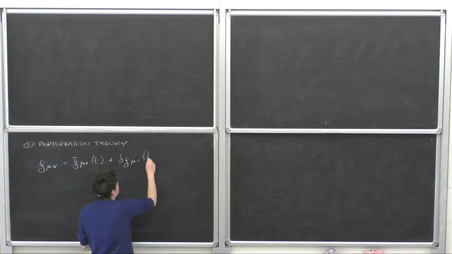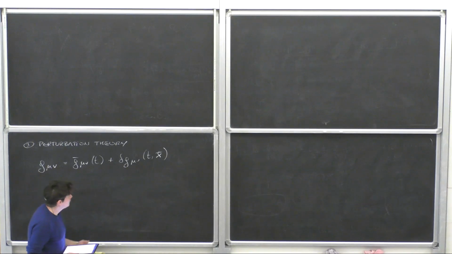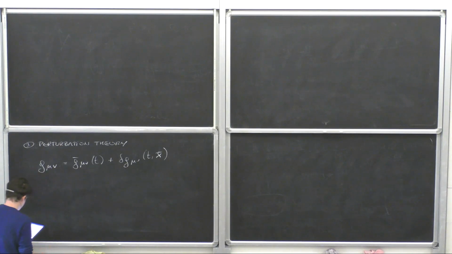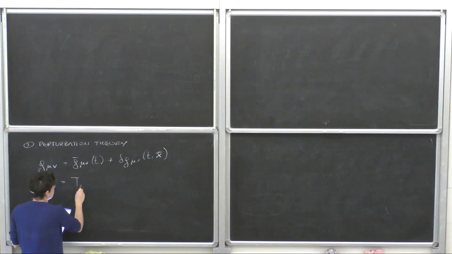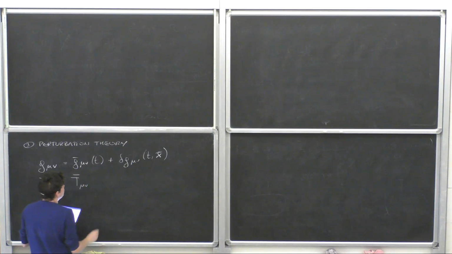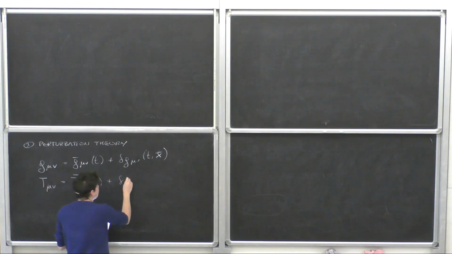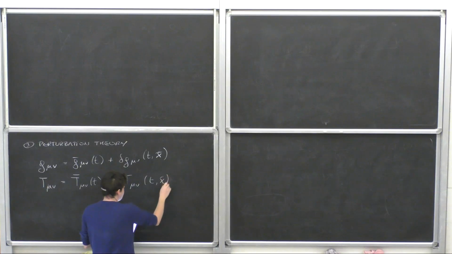Now those are going to depend on time and position, but the trick is that we're going to assume that they are tiny. We're going to do the same thing for the stress energy tensor, splitting into a background stress energy tensor that depends on time, and then tiny fluctuations of the stress energy tensor that will depend on both time and space.